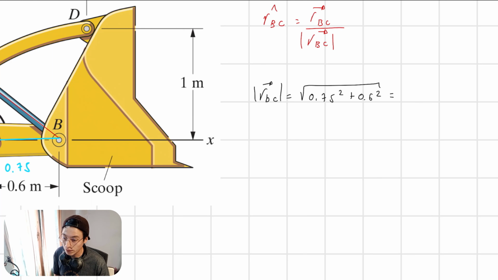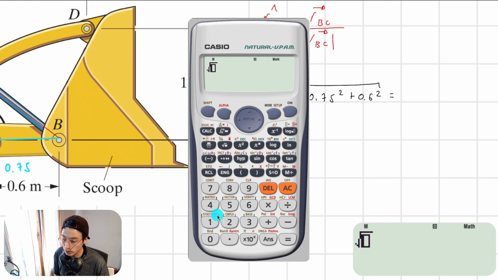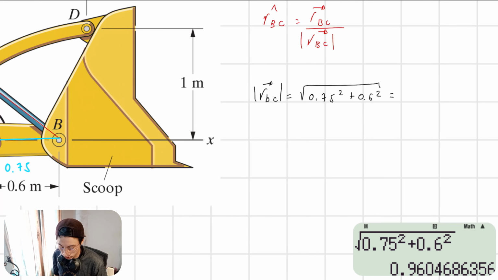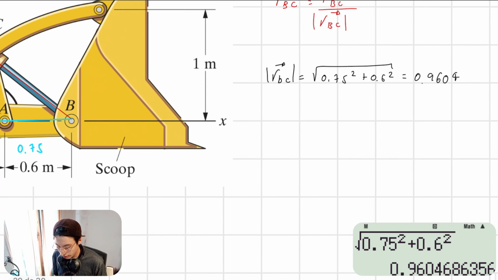Let me solve this part. The square root of 0.75 squared plus 0.6 squared is equal to 0.9604. I always use 4 significant digits after the comma, that means 1, 2, 3, 4. Now, this is in meters, right?